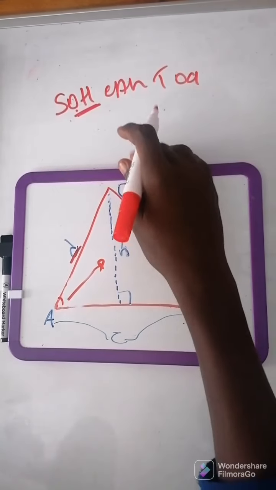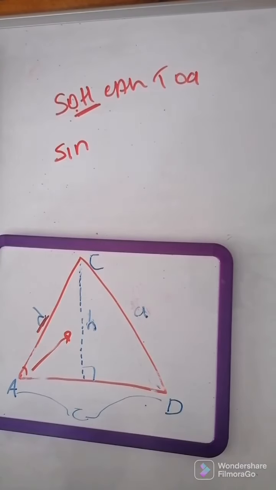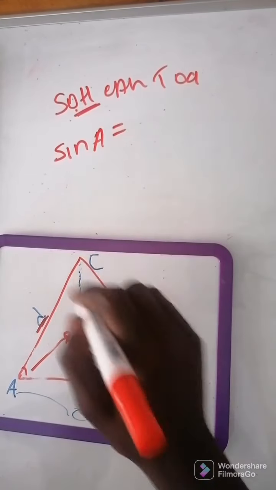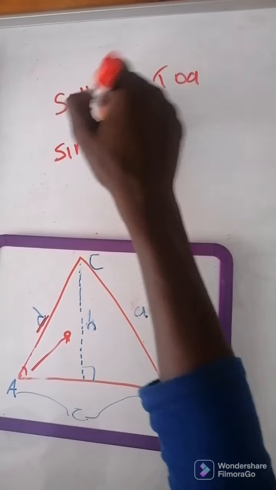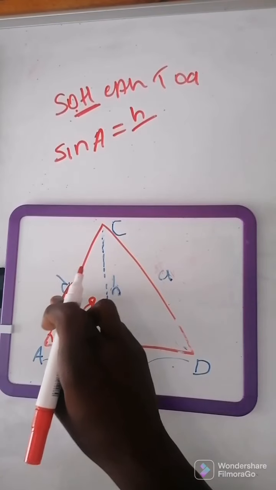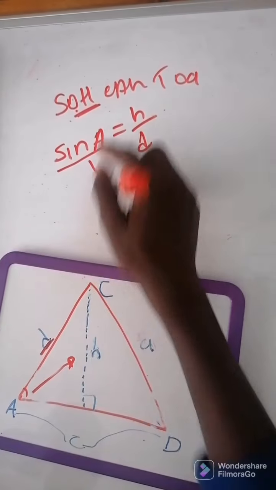So what can you use? Sine, right? The sine of A, like what? Opposite, it's H, this H, and then hypotenuse, small letter d, right? From here you can do what? You can cross multiply.